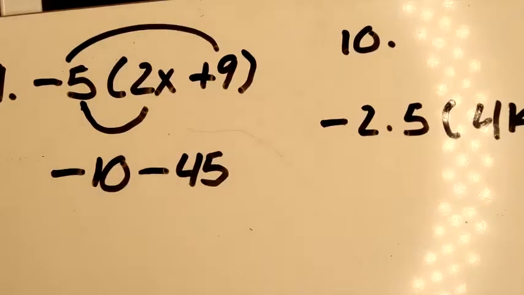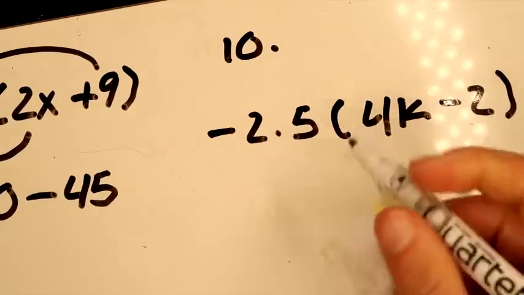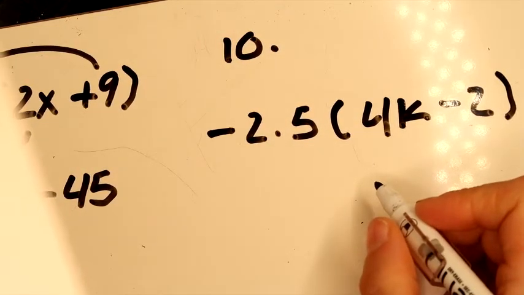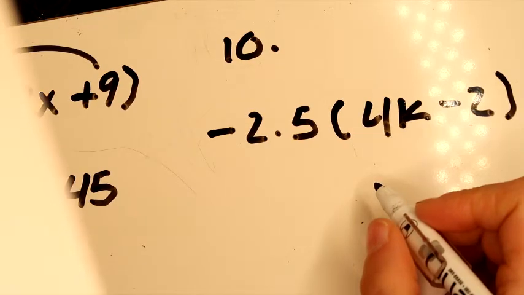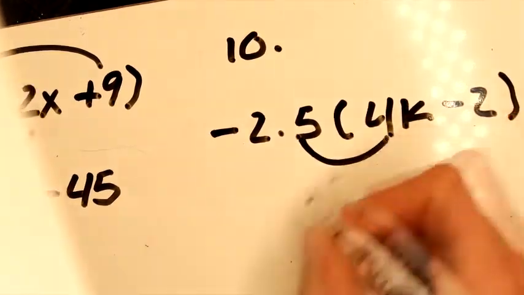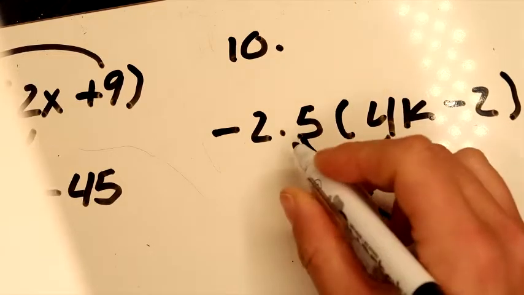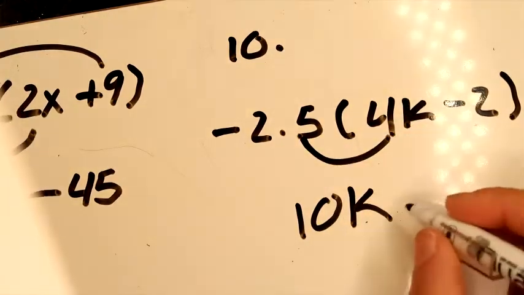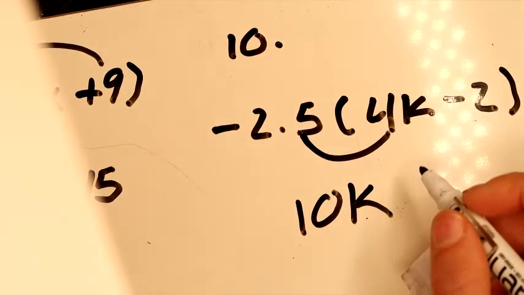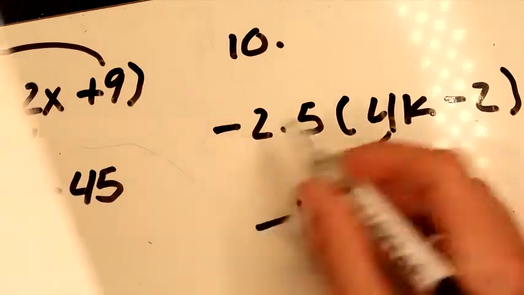So negative 2.5 times 4k is going to be 10k, negative 10k because of the negative sign.